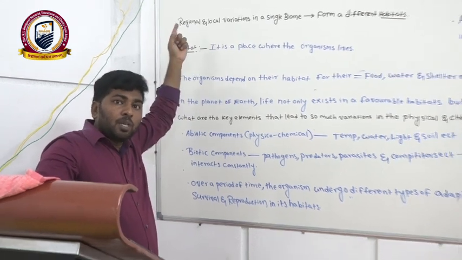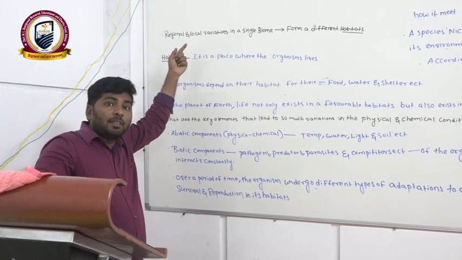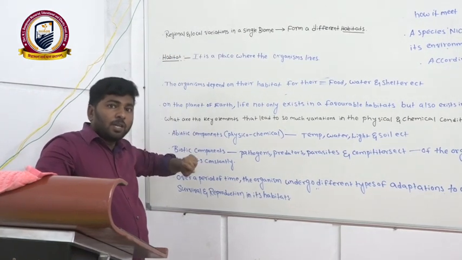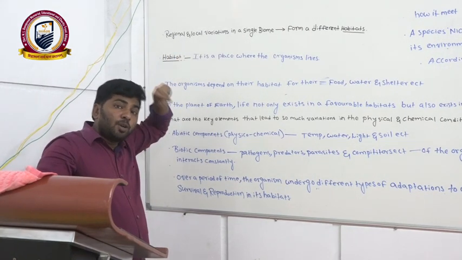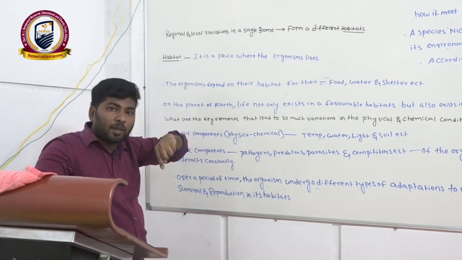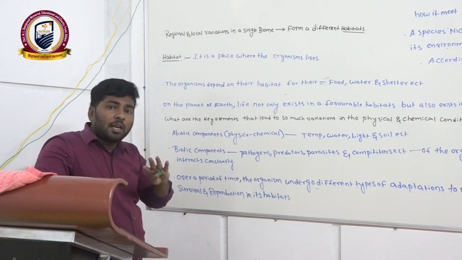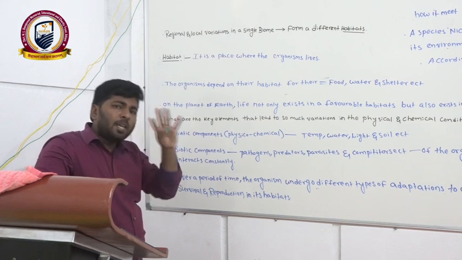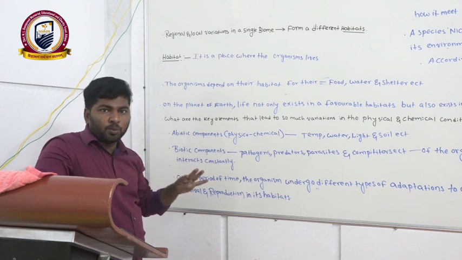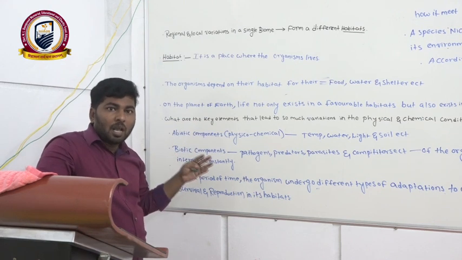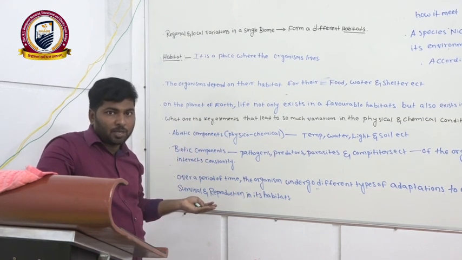There we discussed how the biomes are forming in the environment. Now we'll discuss how different habitats form in each biome, because a biome is a large area. In that large area we observe many thousands of habitats. How are these habitats actually forming?